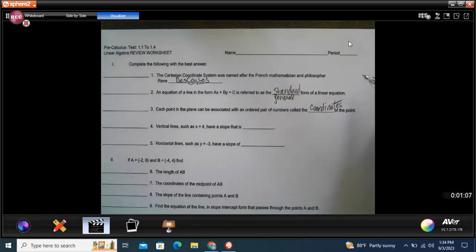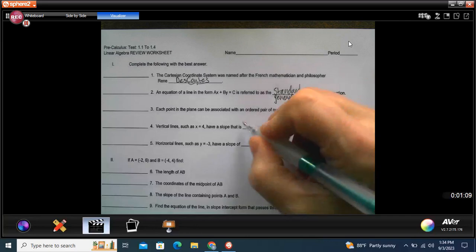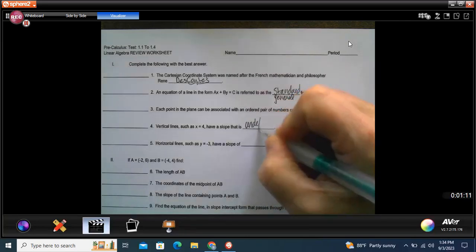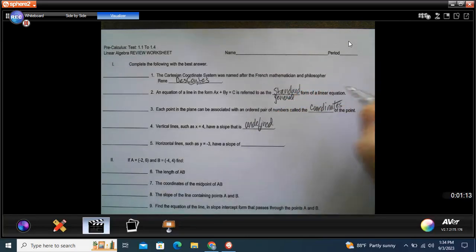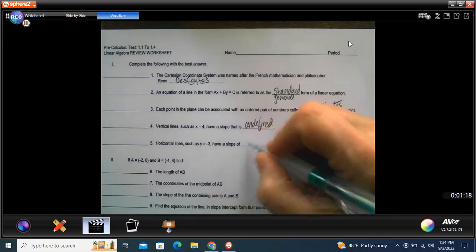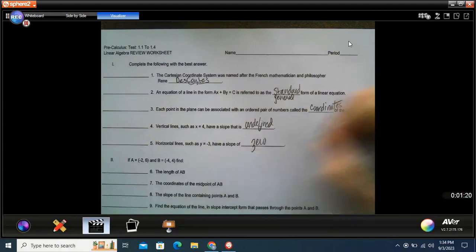Vertical lines such as x equals 4 have a slope that is undefined. And horizontal lines such as y equals -3 have a slope of 0. You could also put the numeral 0.